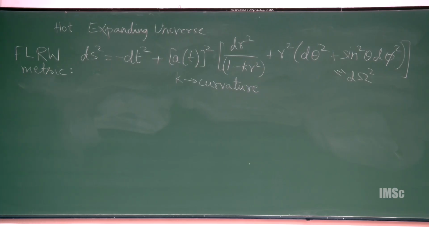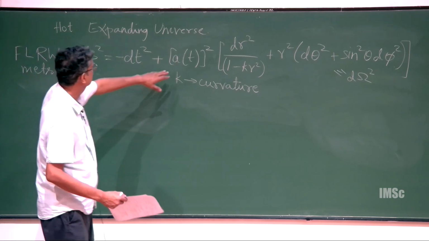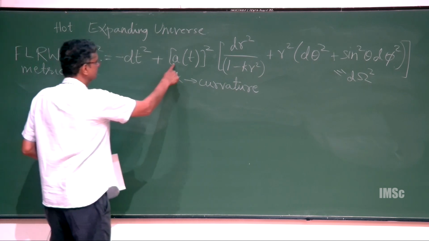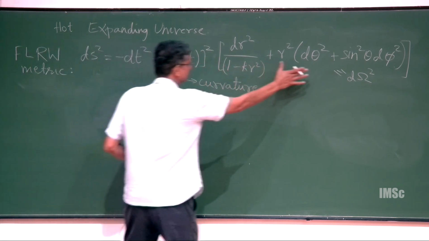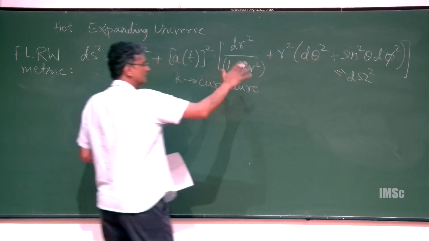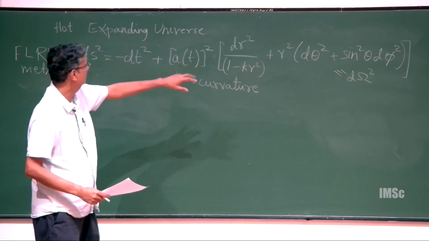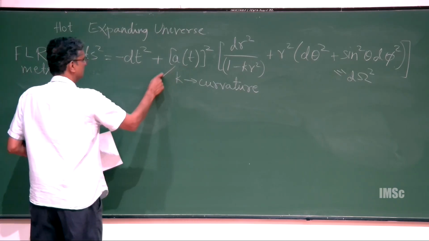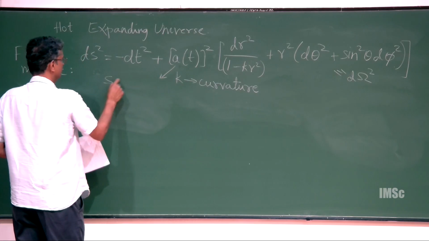And there is one function here, which is a of t. There is a scaling of the spatial, this is the 3 space part, right? The entire 3 space part is being scaled by this a of t. So this is called the scale factor.